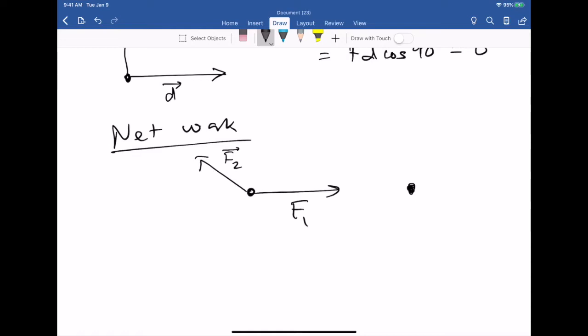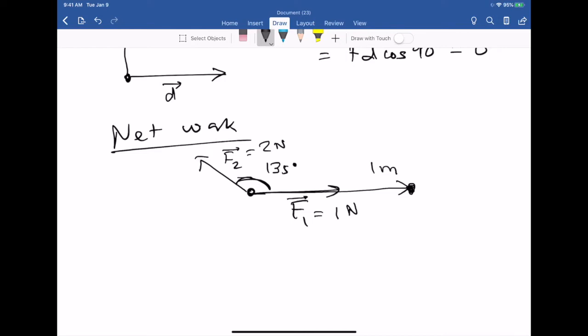So let's just look at an example. Suppose this angle is, I don't know, 135 degrees maybe, and this displacement is 1 meter, and let's say F1 is 1 Newton, F2 is 2 newtons. Okay. All right, so what is the net work?